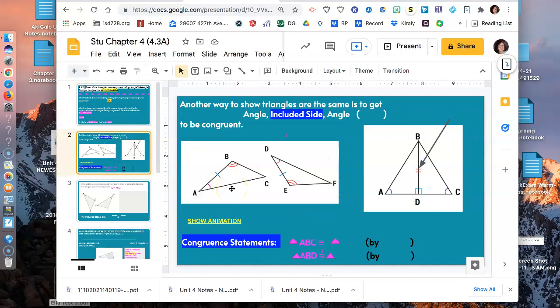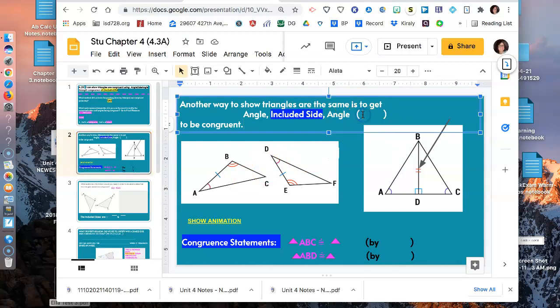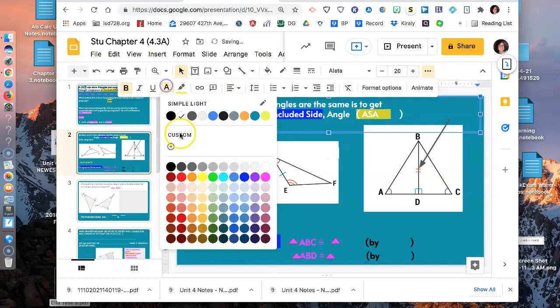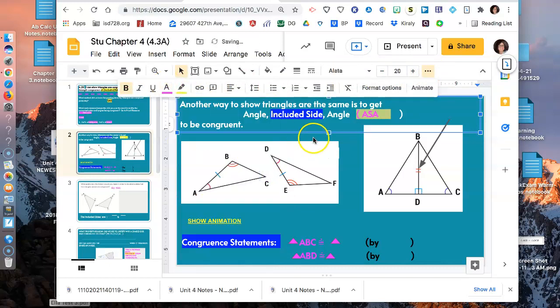So it says another way to show triangles are the same is to get the angle, included side, angle. So we're going to be calling that angle, included side, angle. Let's make that a capital S. Let's highlight that. You don't have to, but it sure is going to help you. You'll see on your quiz next week if you've got everything ready to roll. So angle, side, angle.